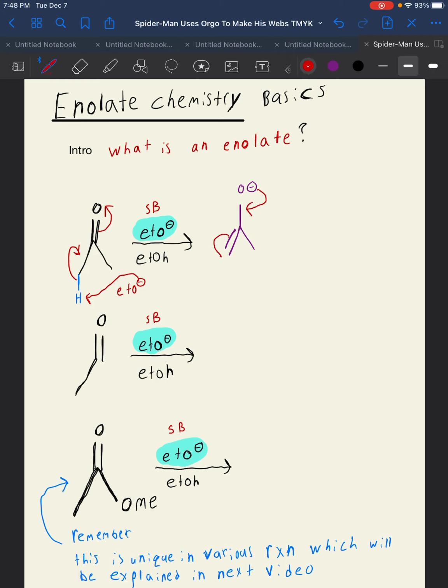So, with that being said, how do you actually form an enolate? Well, like I said, you want to use a strong base and then a protic solvent usually.